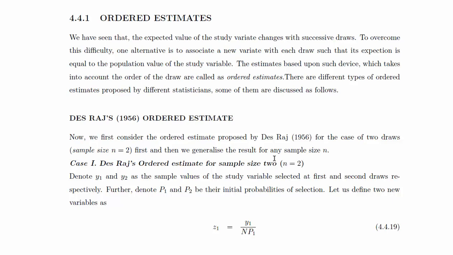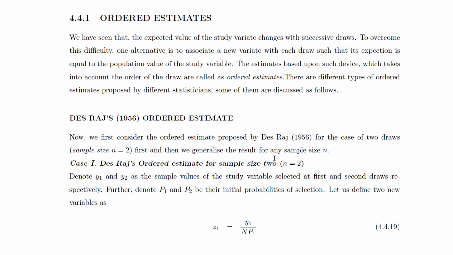They do not depend upon the order of their selection. That is why they are called unordered estimates. So we have two types of estimates: one is the ordered estimate, another is the unordered estimate. Both of them are based upon the process of selection.